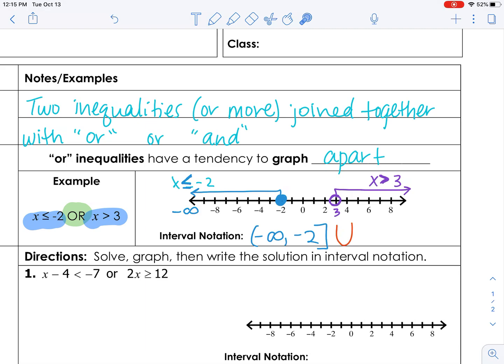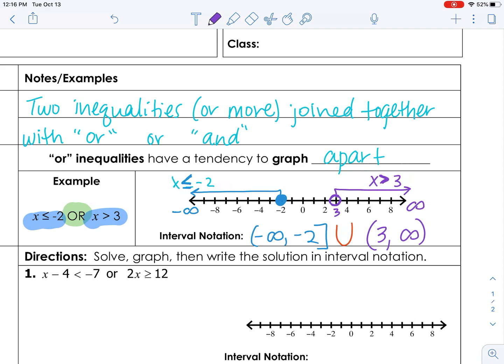And then I keep going left to right. The next thing I come to after the gap is 3. It is only greater than, so I used an open circle. That means I need a parenthesis here. Parenthesis on 3, comma, and then after that I go to +infinity, with a parenthesis on my infinity.